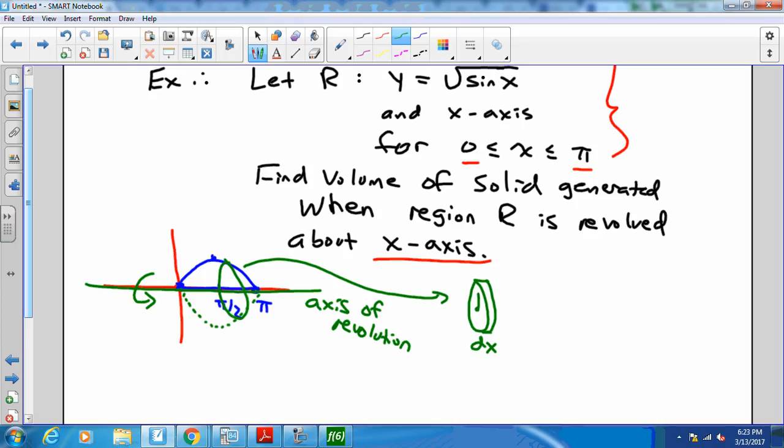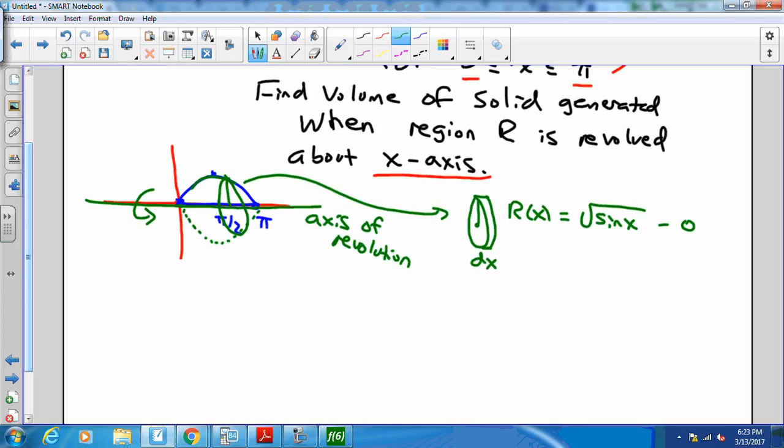And so if I pull one of these disks out to examine it, that disk is going to have a thickness of dx, and it's going to have a radius of curve minus axis. So the radius is equal to curve minus the axis, just like so.